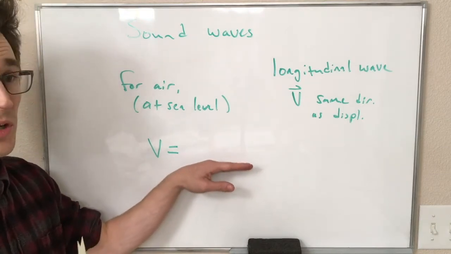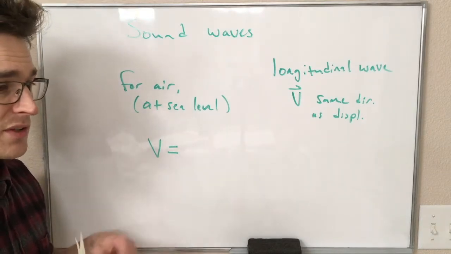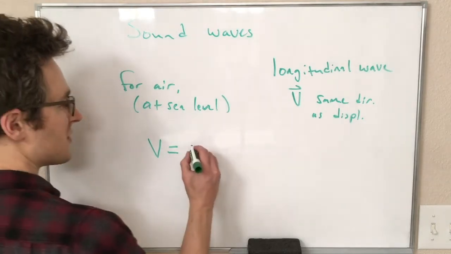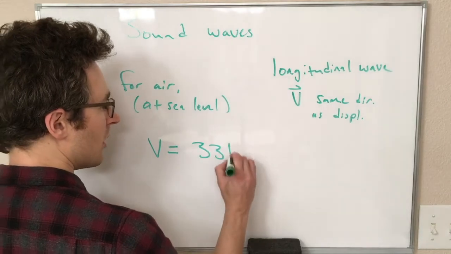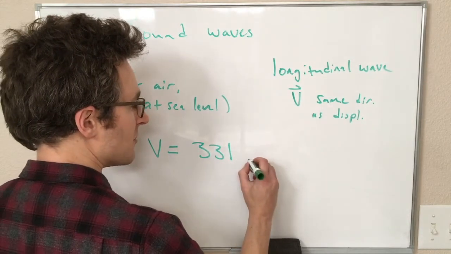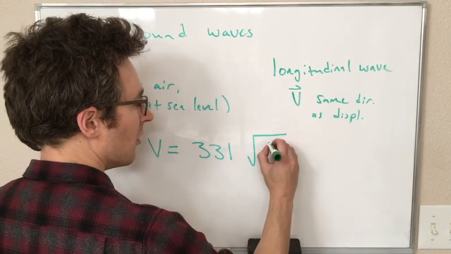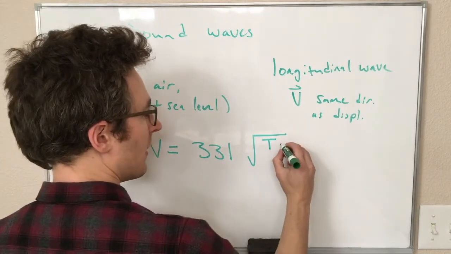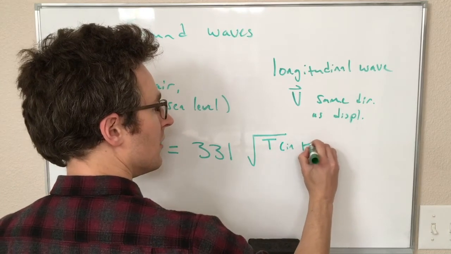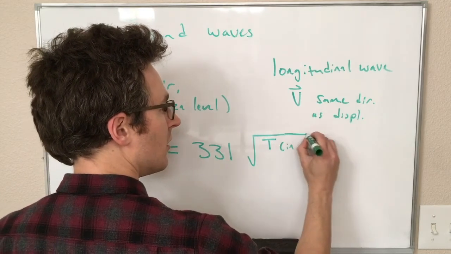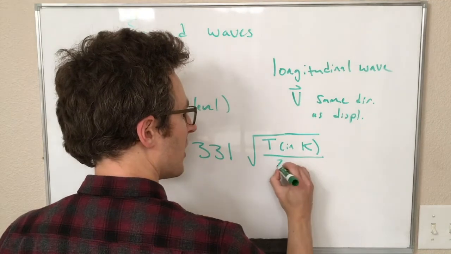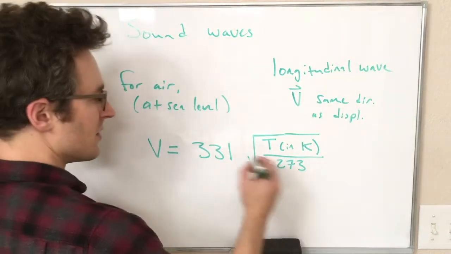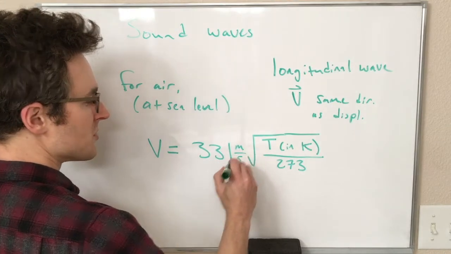This is an equation we can plug numbers into and find the velocity, but it doesn't tell us where this velocity is coming from. So this velocity is 331 times the square root of our air temperature, which has to be in temperature units of Kelvin, divided by 273. And this is going to give us units of meters per second.